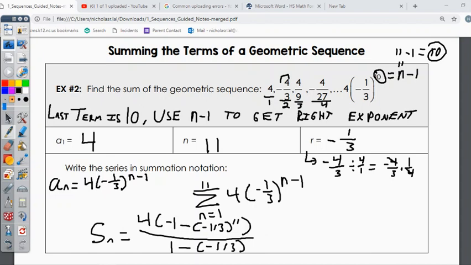So while it looks complicated, you're generally just taking the values and plugging them into the formula. So this should approximately equal 3.000016935.